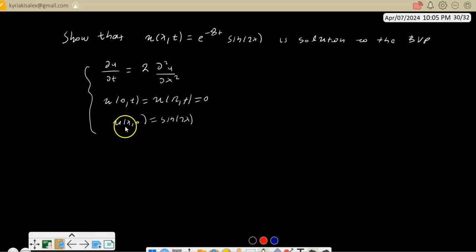And here for t equals 0, I have that the function becomes sine 2x. The first step is to check the boundary conditions.